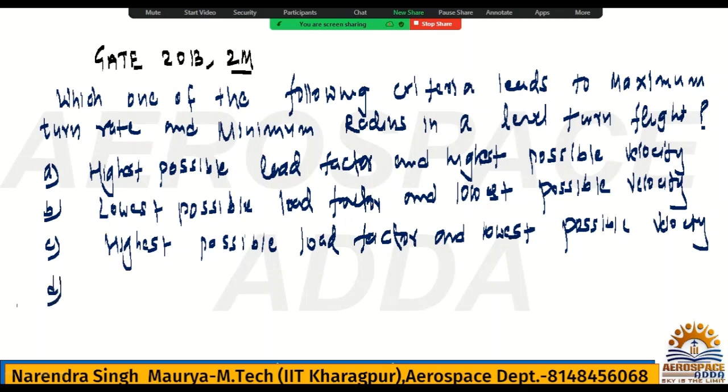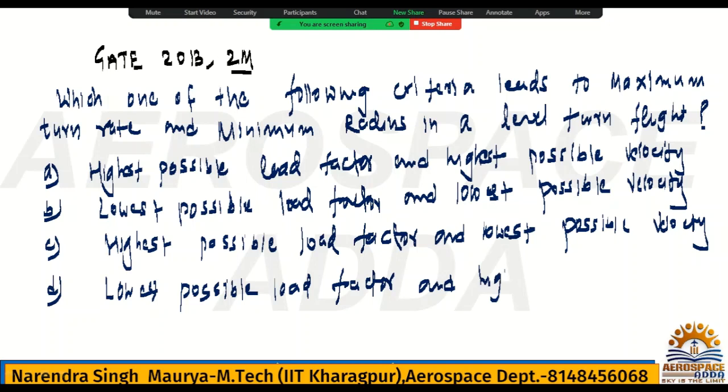Option D: lowest possible load factor and highest possible velocity.